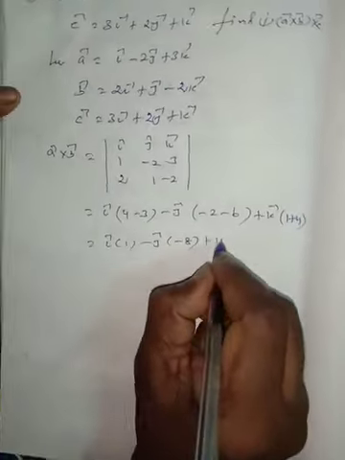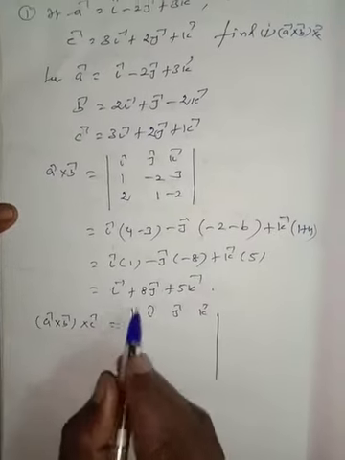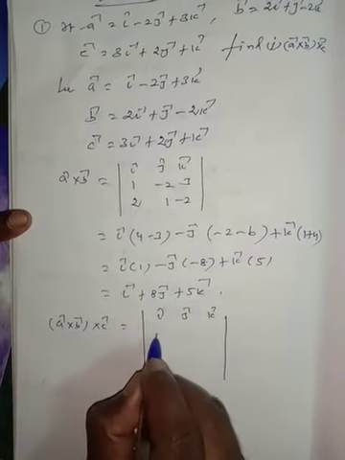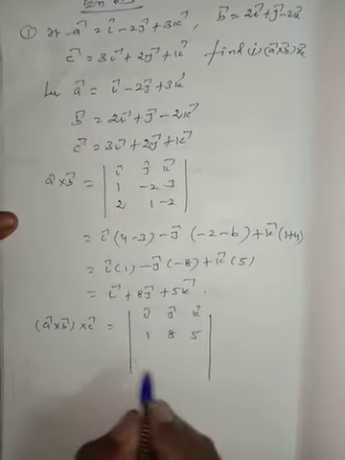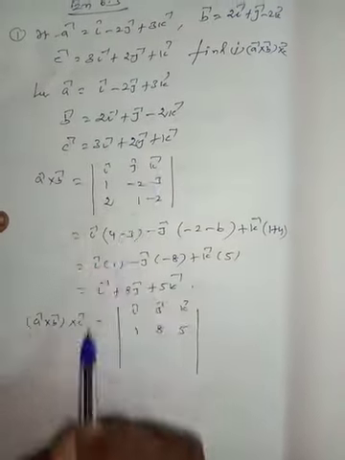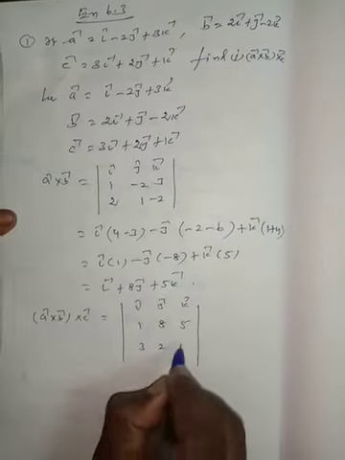Now A cross B cross C is equal to again i vector, j vector, k vector. Coefficients of A cross B are 1, 8, 5. Next C vector coefficients 3, 2, 1.